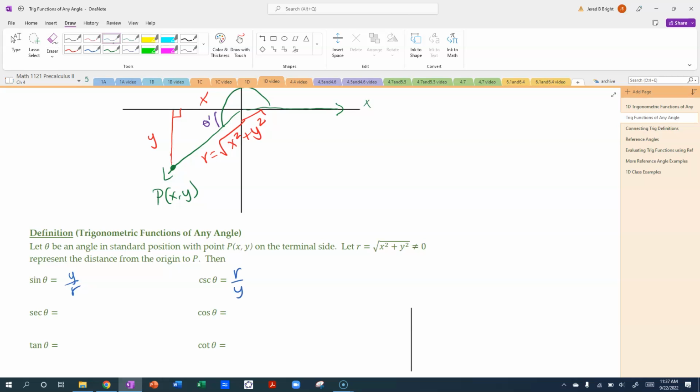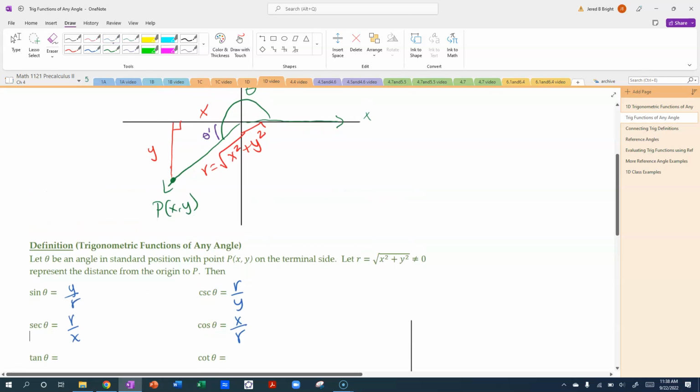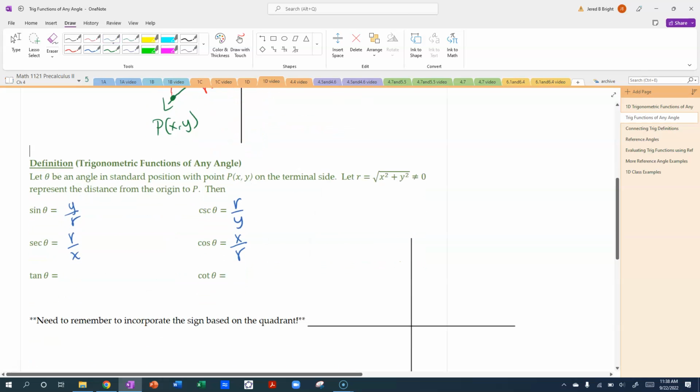Cosecant would be its reciprocal. Cosine would be adjacent x over hypotenuse r. Secant is the reciprocal. Tangent would be opposite y over adjacent x, and reverse that for cotangent.